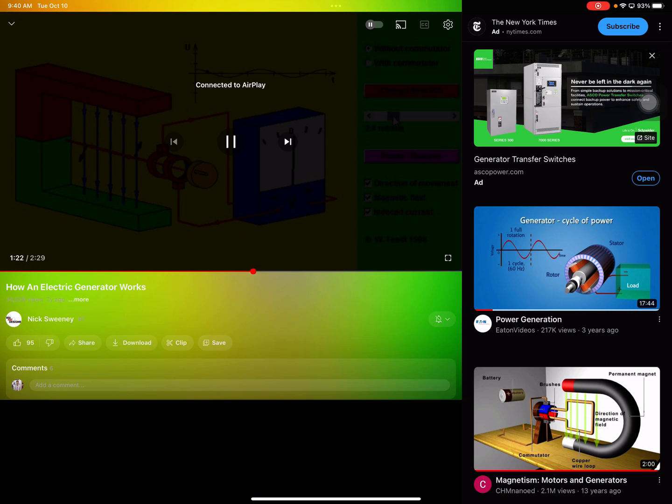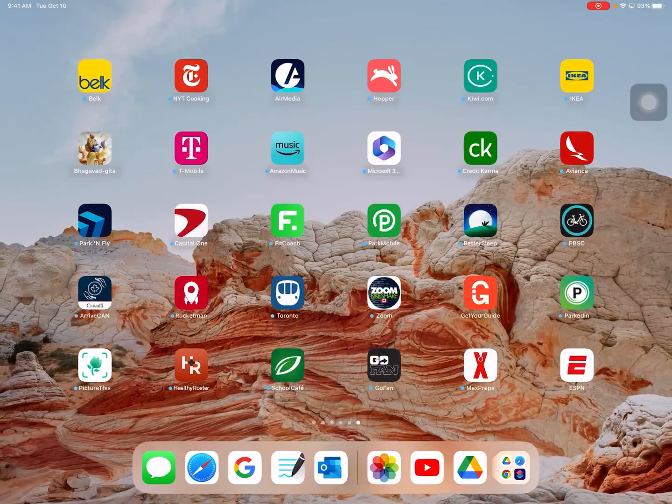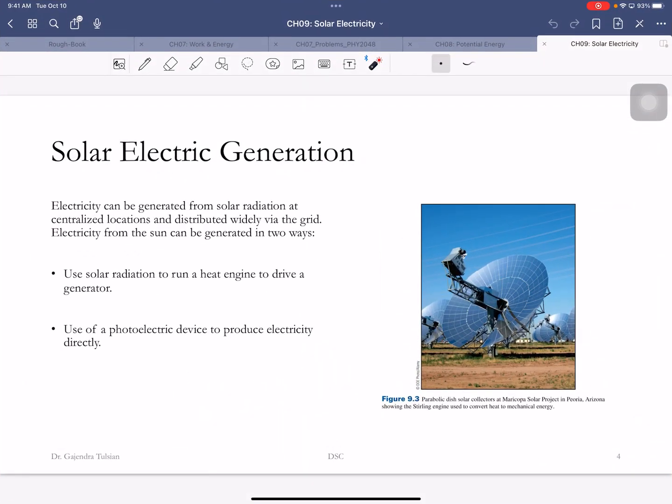One of the solar technologies is you can take a dish, concentrate sunlight on some device, heat it, use that heat to produce steam, and the steam will turn that.